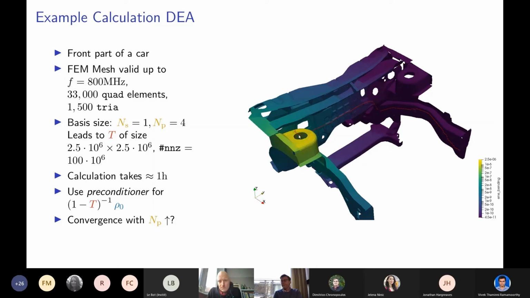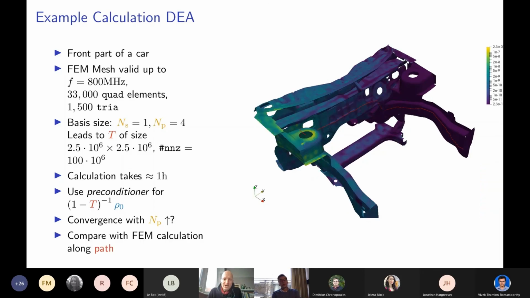Well, we chose this red path shown here manually. We just went through it and said, I want to have this path along the structure here, and compare it with an FEM calculation. This was done by a colleague of mine, Nurkanat Aymakov. He calculated the FEM data for this structure, and now we can plot this FEM data along this red path together with DEA calculations. Let me do this on the next slide.